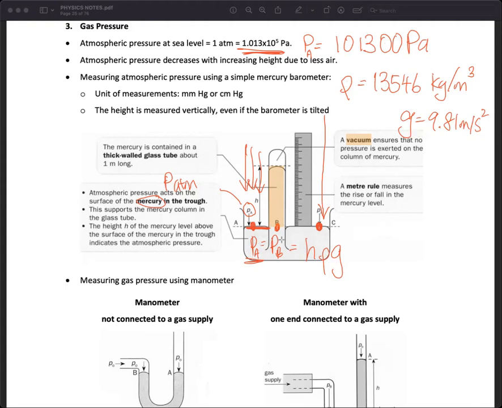I'm also doing it together. Okay, so can you all do that? Tell me what's the value of the height? All of you.